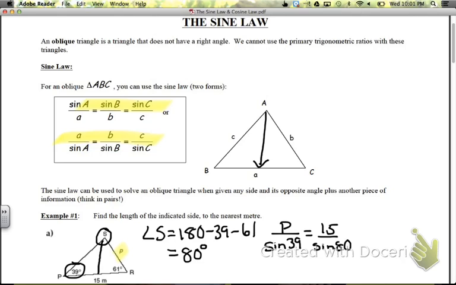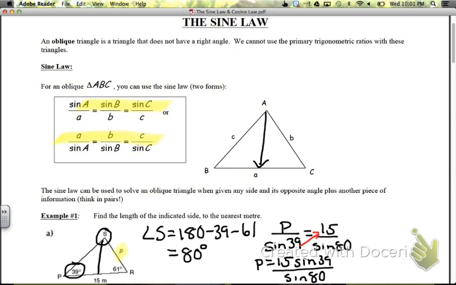What I'm going to do next is I'm just going to cross multiply. However, I'm only going to bring that sine 39 up here because I want to isolate P. I want P by itself. So I'll have P equals 15 times sine 39 all over sine 80.